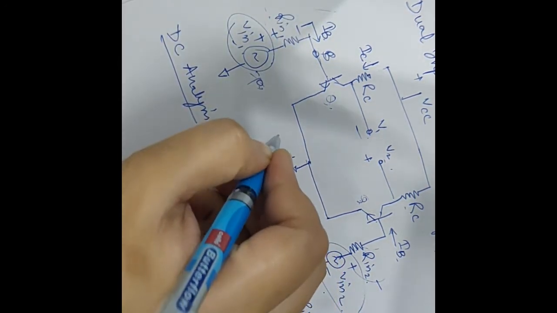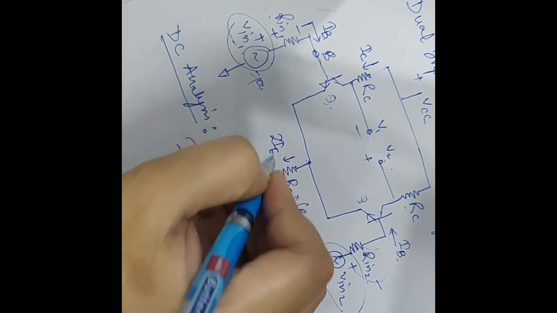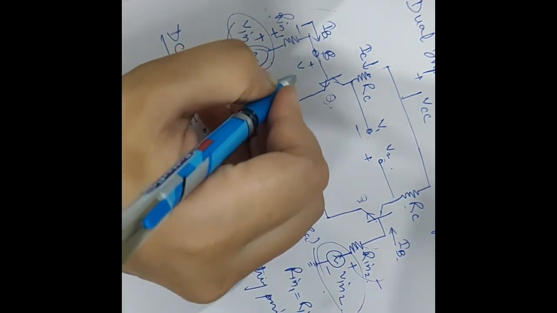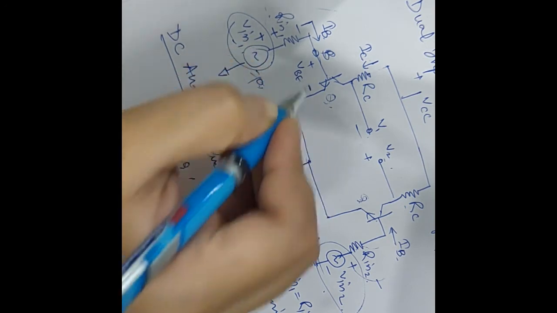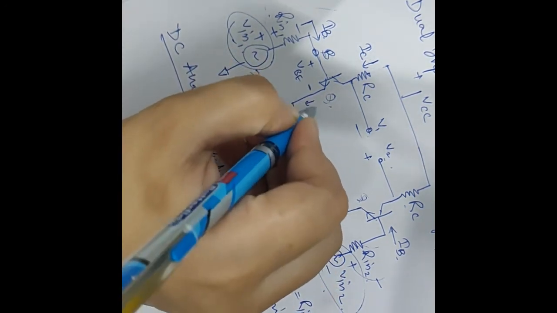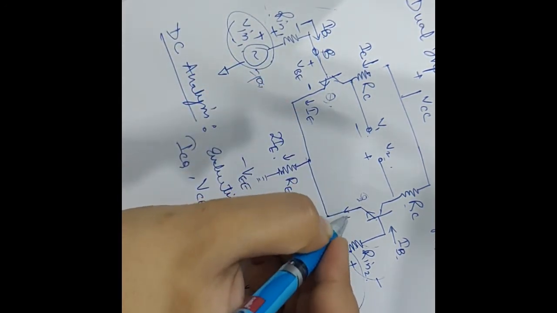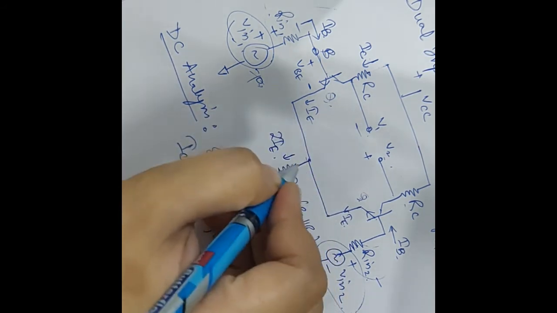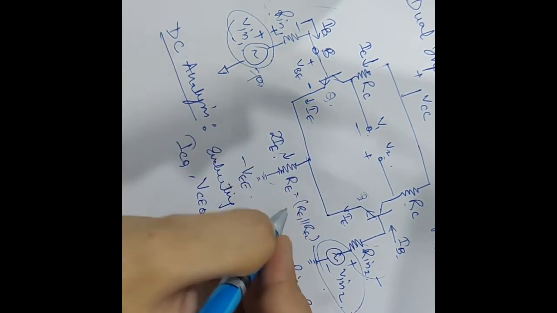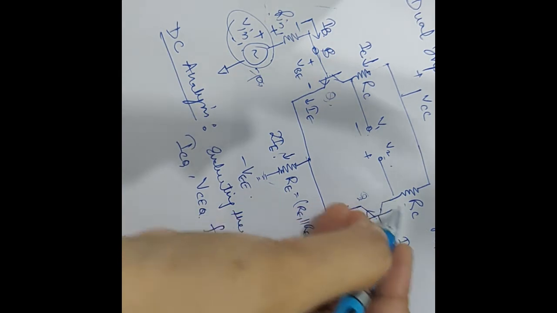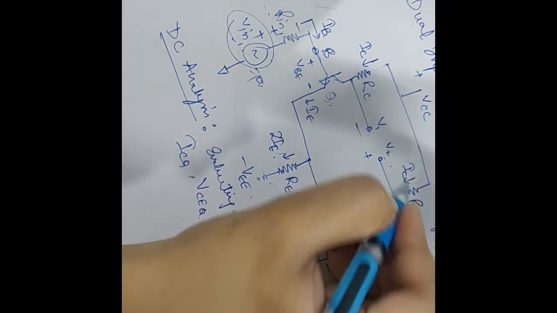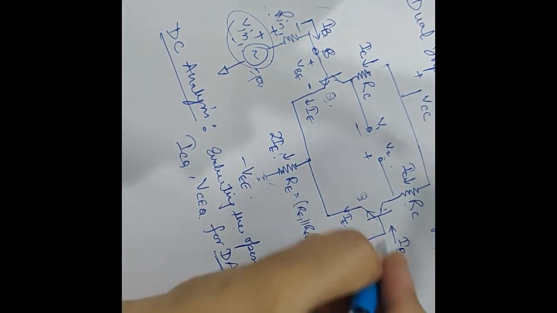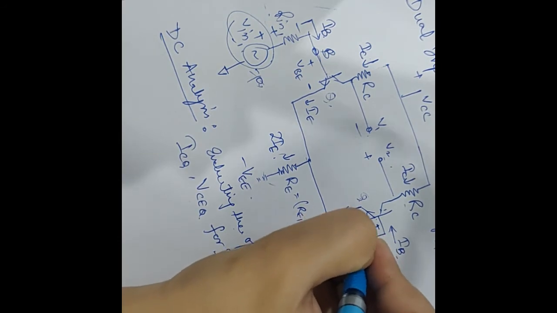The current flowing through this resistor is twice of IE. The voltage present is VBE. I'm measuring this IE here and the IE here. So the total current flowing through this RE is twice of IE. Now this is the collector current passing through this resistance, and the voltage is across this.